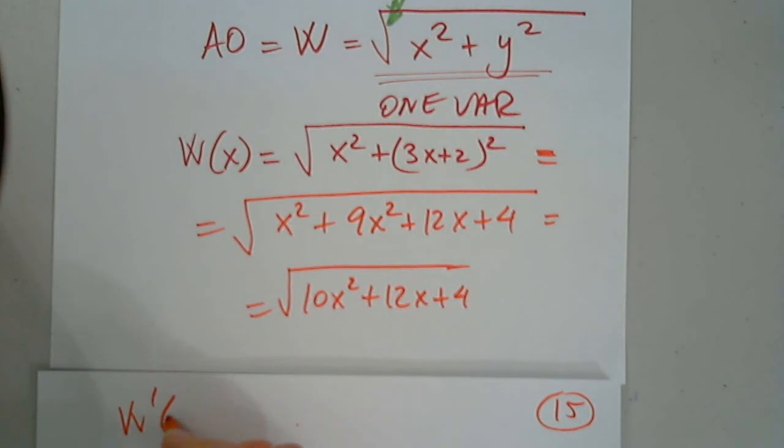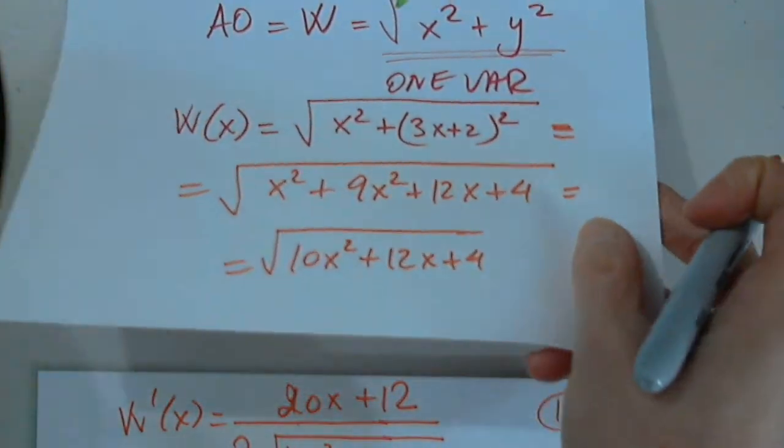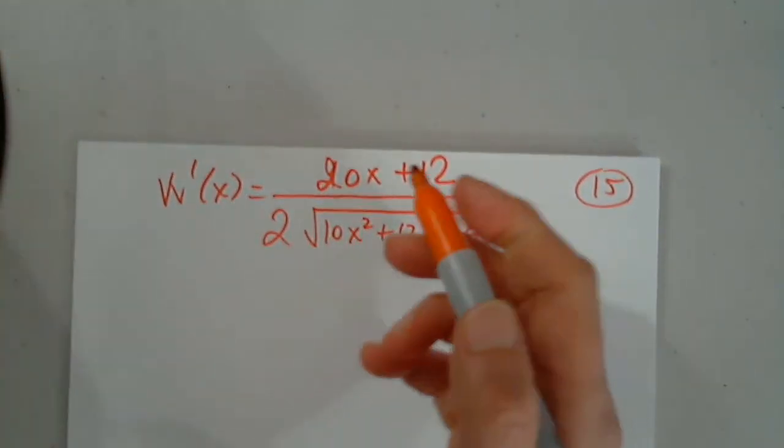So W prime will be 1 over 2 the square root of 10x squared plus 12x plus 4 times the inner function prime, 20x plus 12. We set this equal to 0, and the numerator is 0.